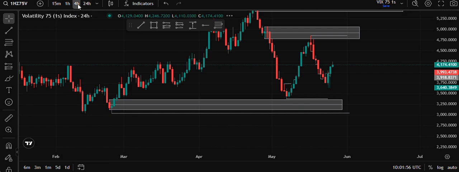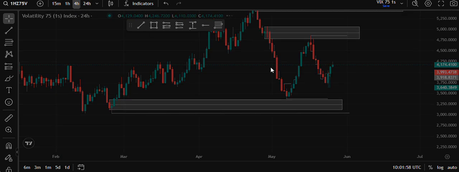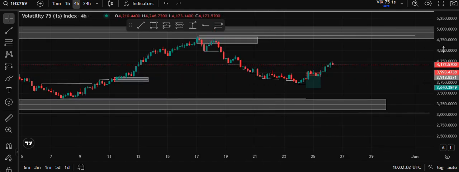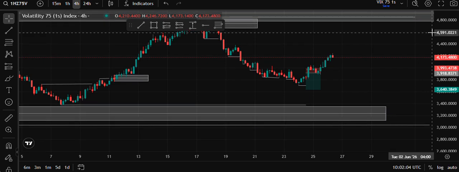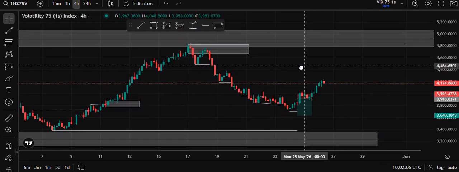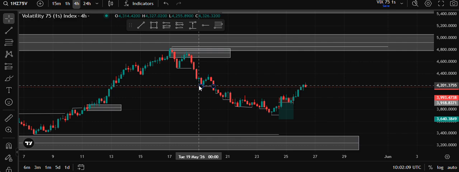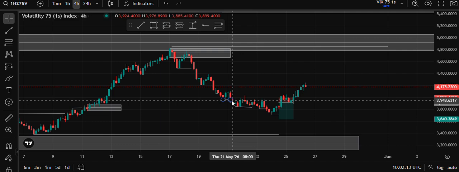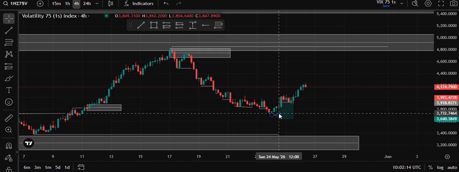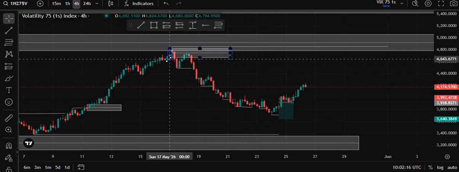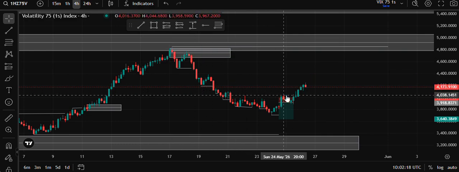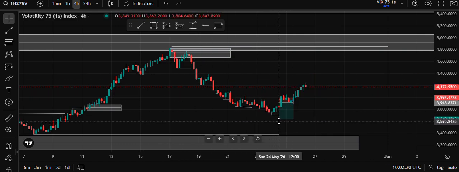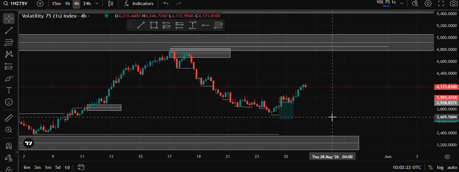If we come back to the 4 hours time frame, on the 4 hours time frame, as you can see, it had no real push downward. So this was the only valid push. What we'll be waiting for, after I've seen all this, is already telling us it's a buy.